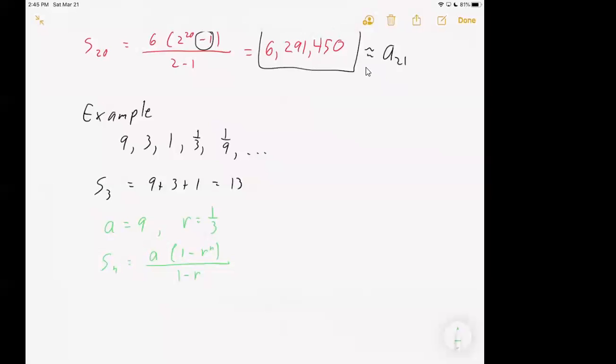Okay, so if I wanted to find S of 10, the first term is 9, and I would take 1 minus 1/3 to the 10th power all over 1 minus 1/3, right? So the denominator will come out to be 2/3, but this is going to get a little bit messy, so we might as well just get our calculator out and get a value.